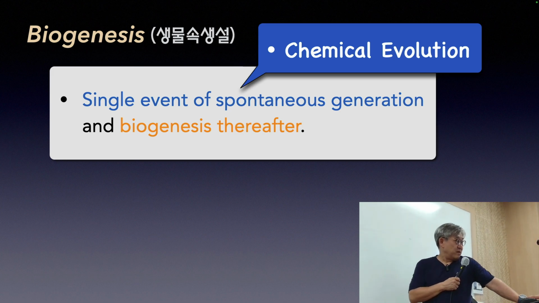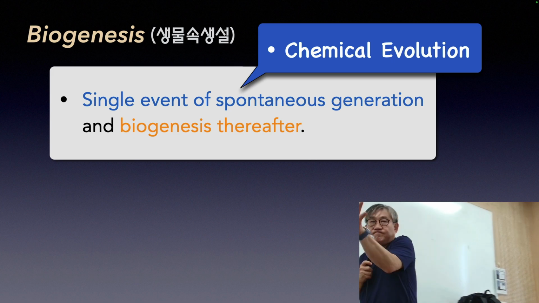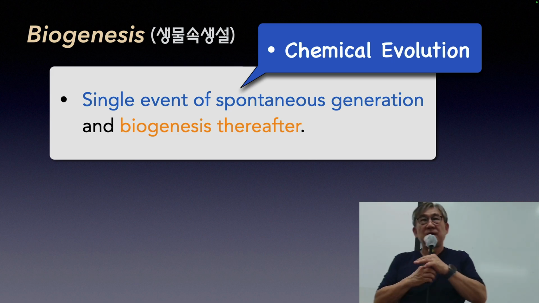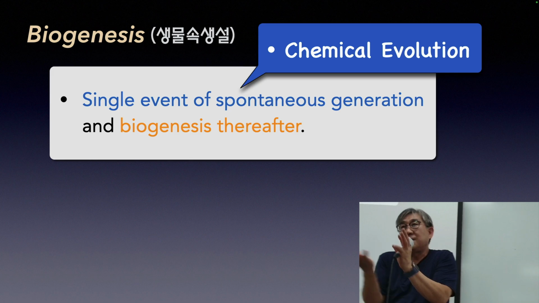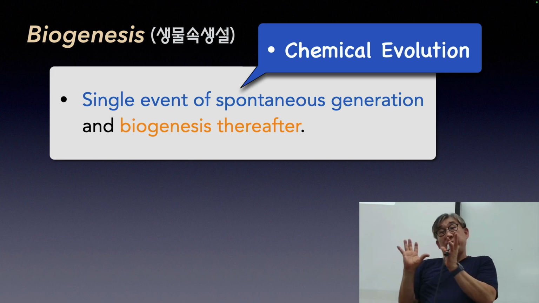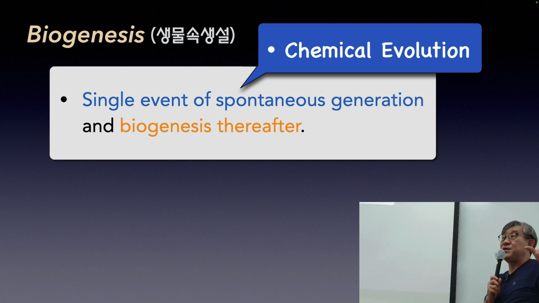So the first origin that we claim was made through this spontaneous generation, we call chemical evolution. So all those non-living inorganic things, spontaneously a life form was created, is the whole bottom line of chemical evolution.